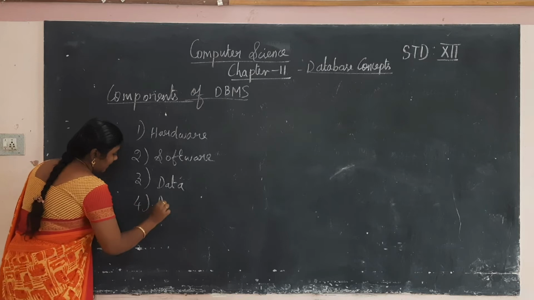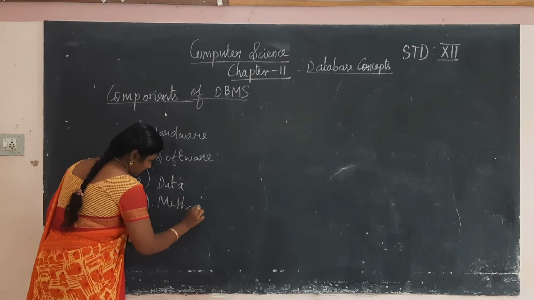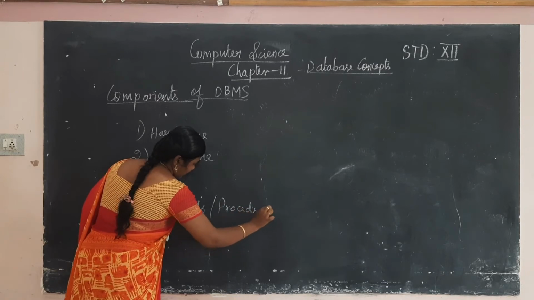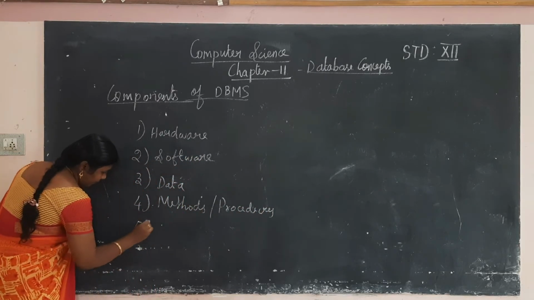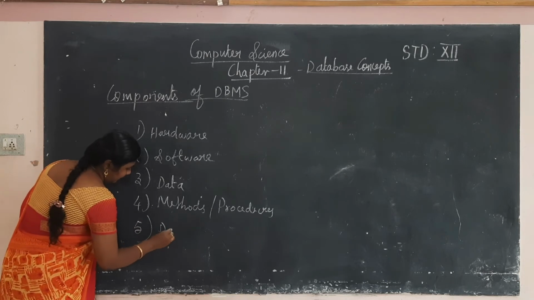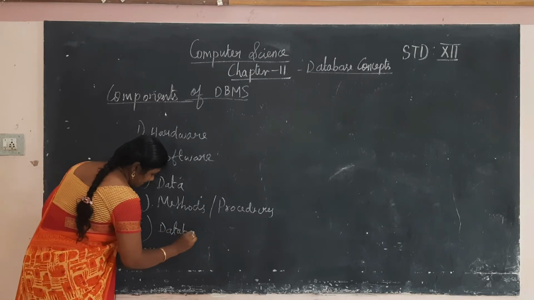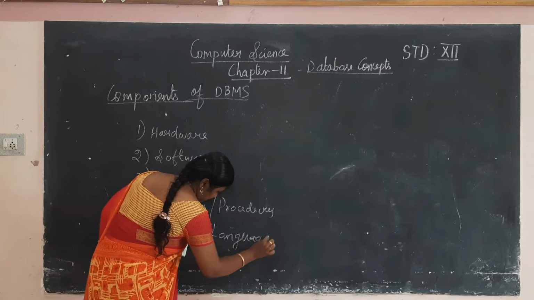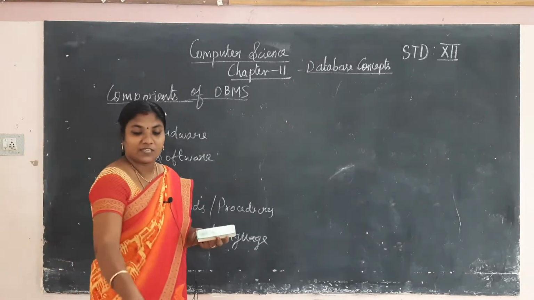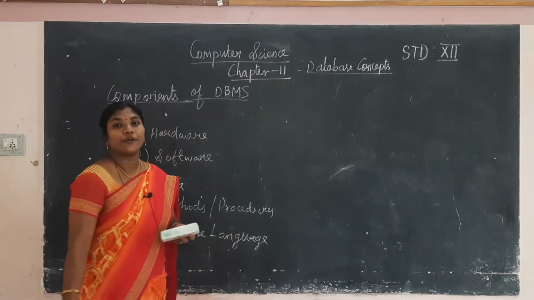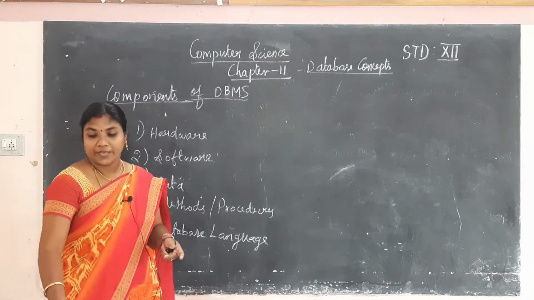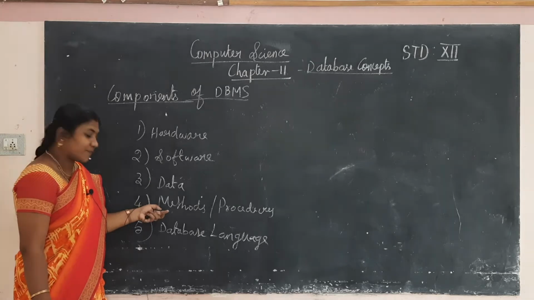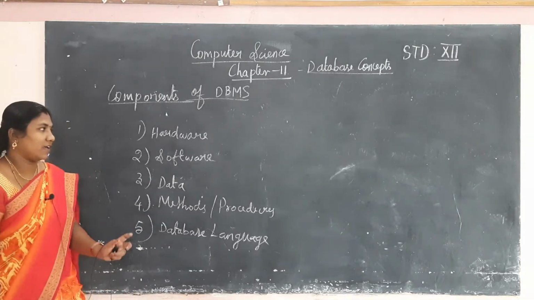Fourth one, methods or procedures. Fifth one, database language. Clear? So these 5 are the components of DBMS: hardware, software, data, methods and procedures, and database language.